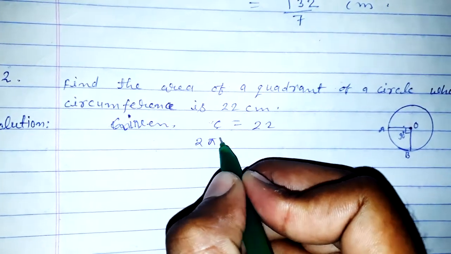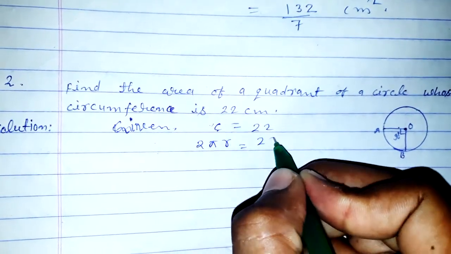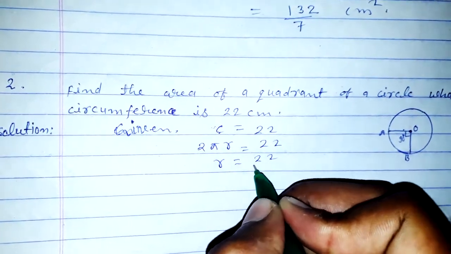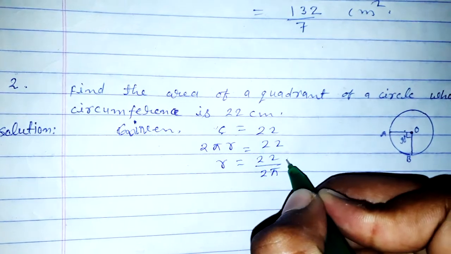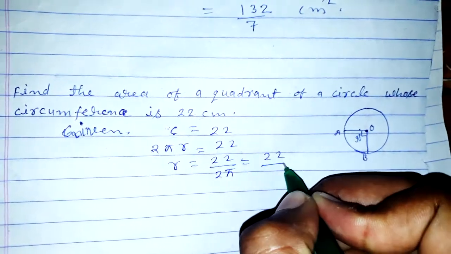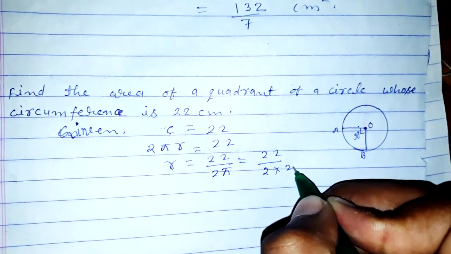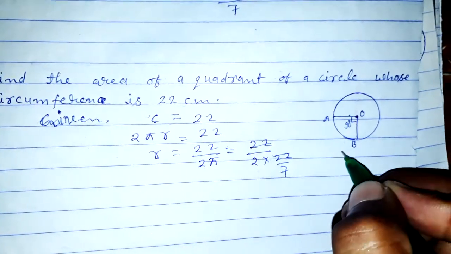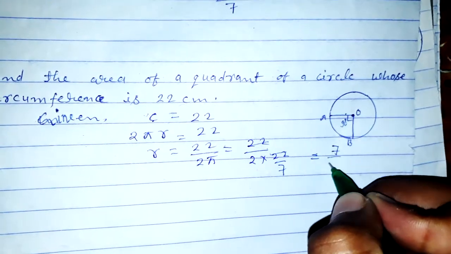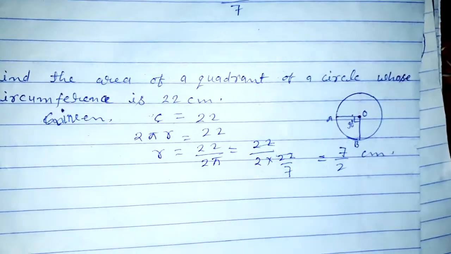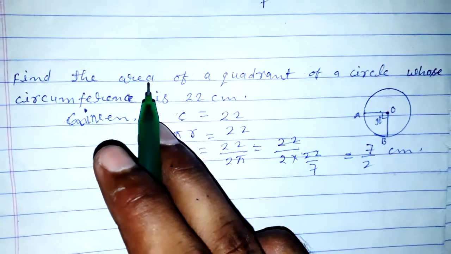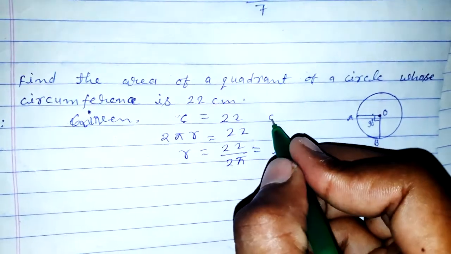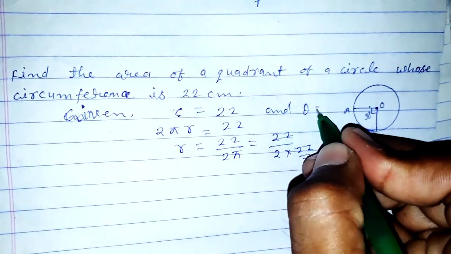Circumference is 2 pi r is equal to 22, so r is equal to 22 upon 2 pi. Here 22 upon 2 into pi is 22 upon 7, so this value cancels out. So here r is 7 upon 2 centimeter. Okay, so here we find the area of the quadrant, and theta is 90 degree.